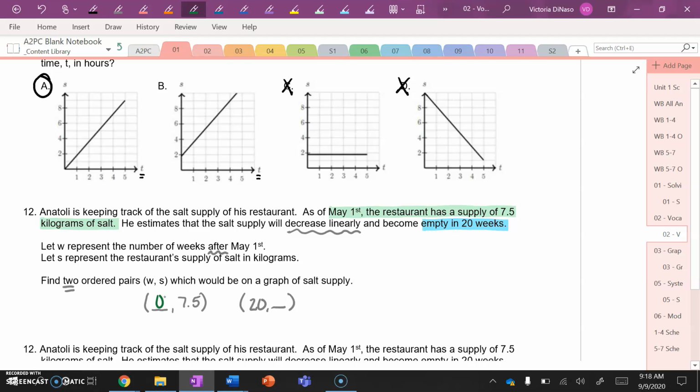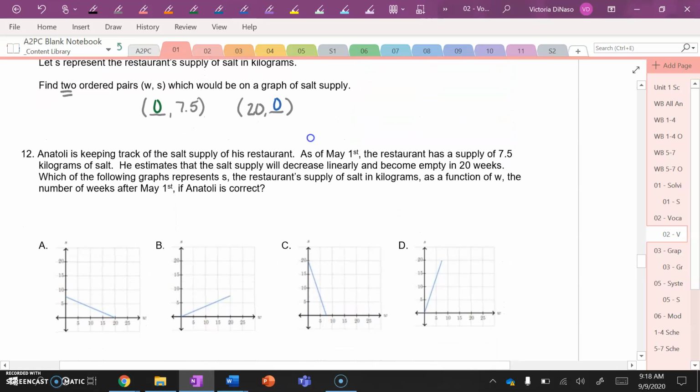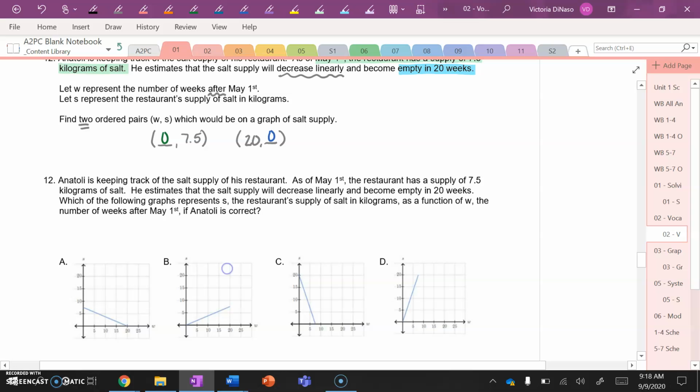Then it says that it becomes empty in 20 weeks. So how much salt do we have after 20 weeks? 0. So using this information, knowing that my salt supply will decrease linearly as we underlined above, we can go ahead and cross off letters B and letter D, because since it's decreasing linearly, we need a decreasing slope, negative.